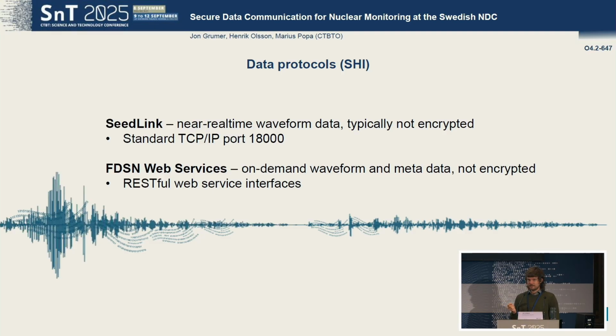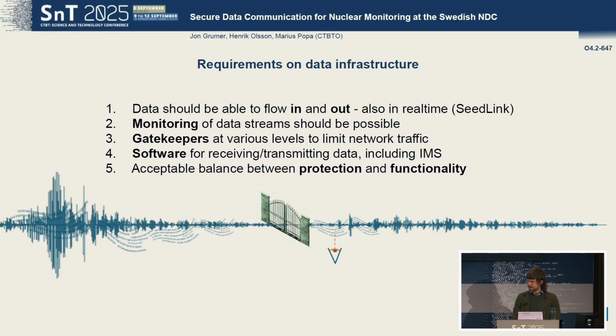Then there is FDSN web services, a RESTful web service interface and architecture, which is also not encrypted, for on-demand data but also to request metadata. This is for the non-waveform people out there. So that's the 2 data streams that we have.